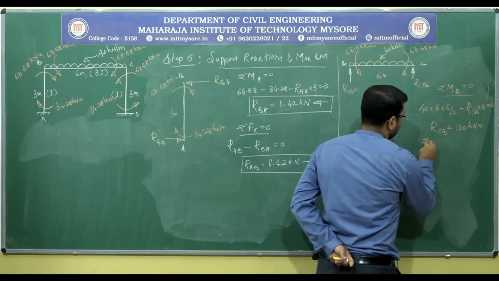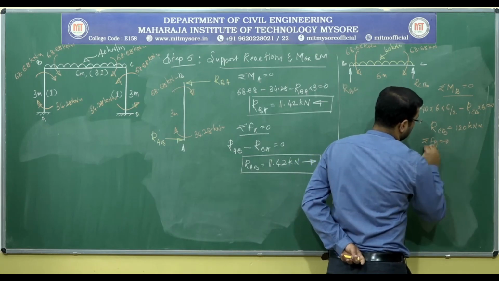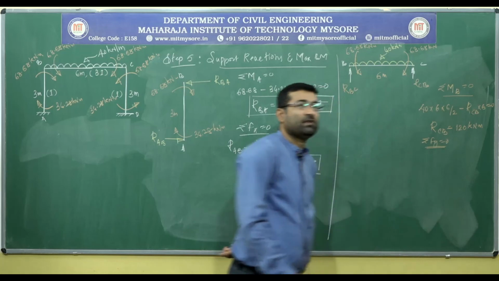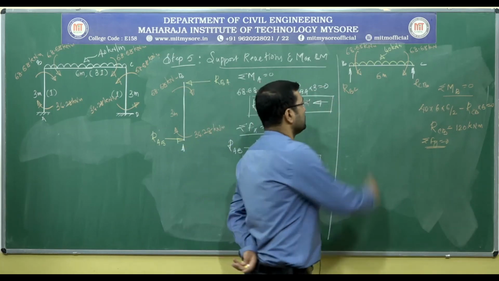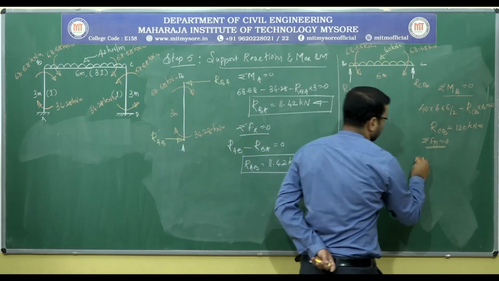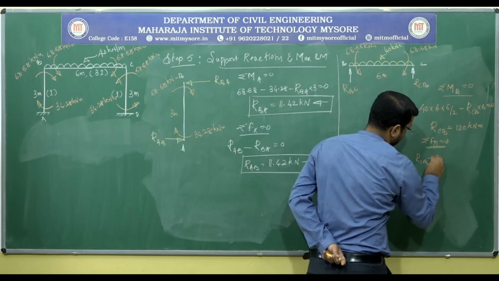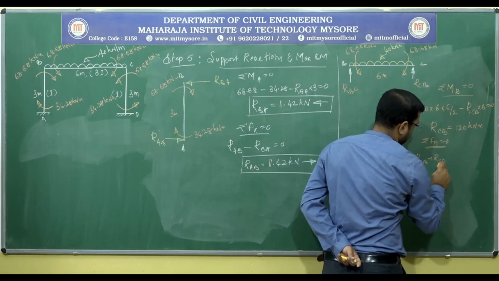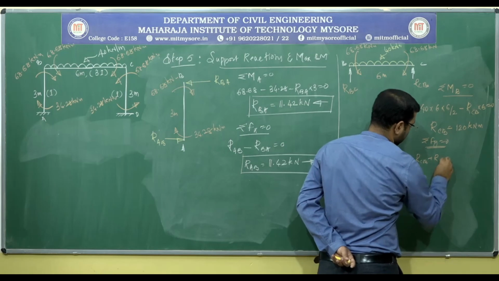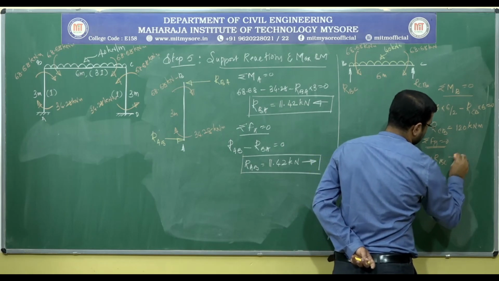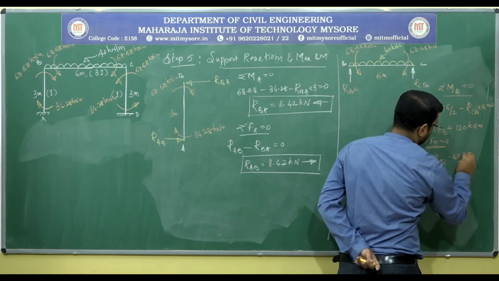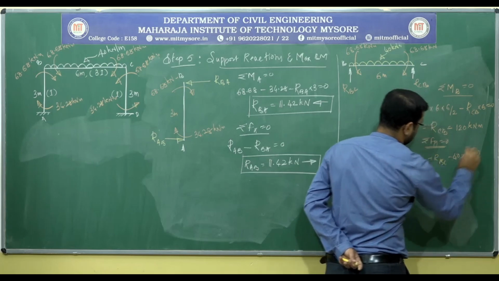And if I impose another equilibrium condition, that is, summation of Fy equals 0, then it is RCB plus RBC minus 40 into 6 equals 0.